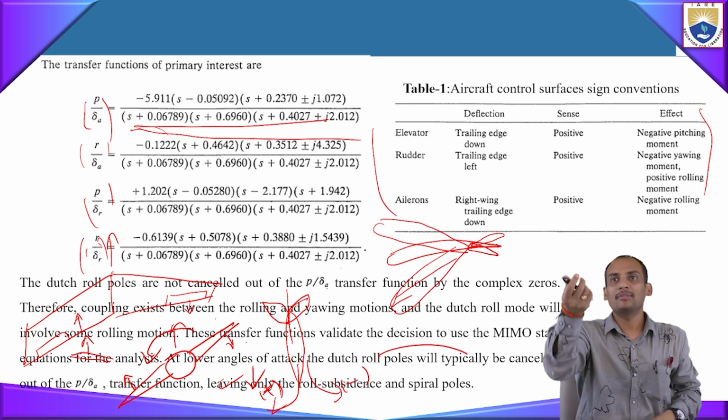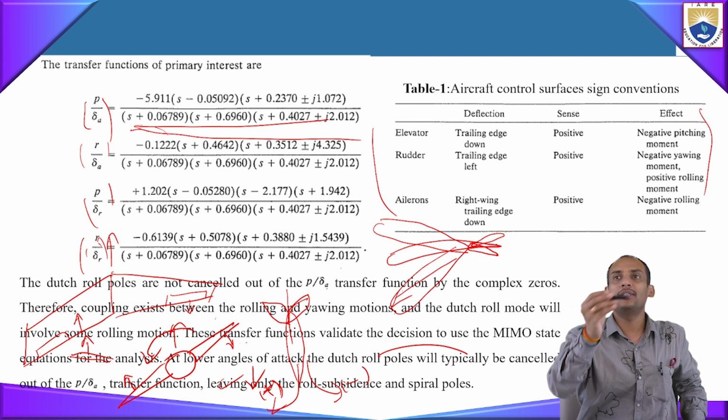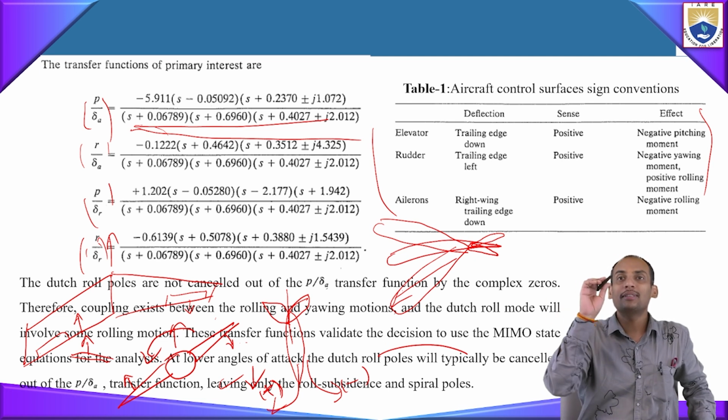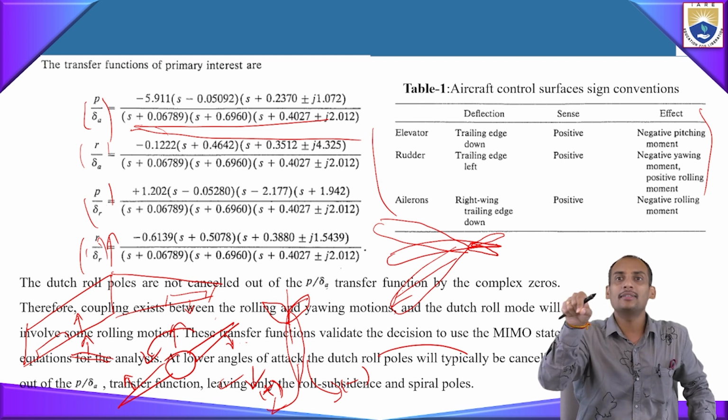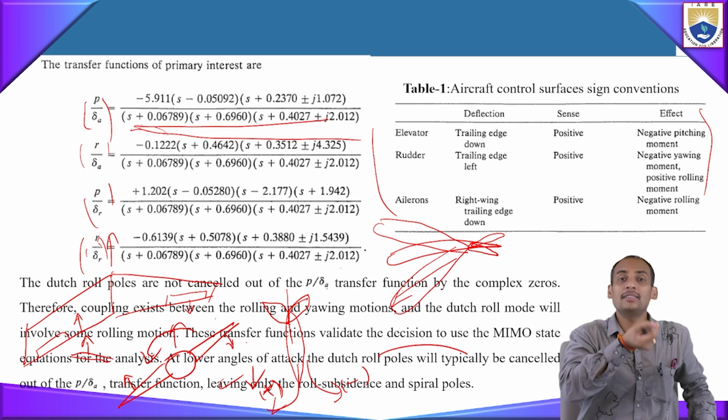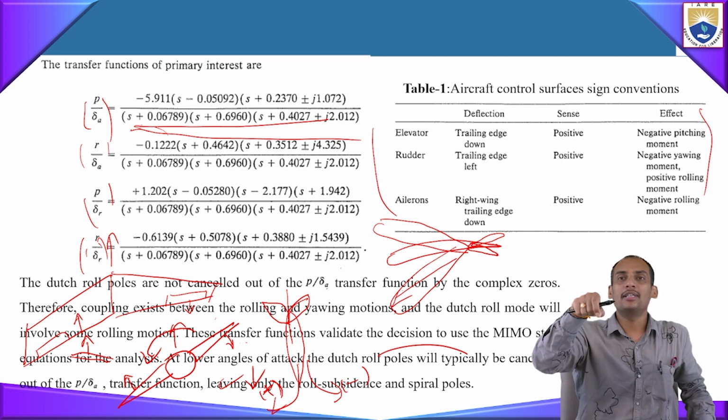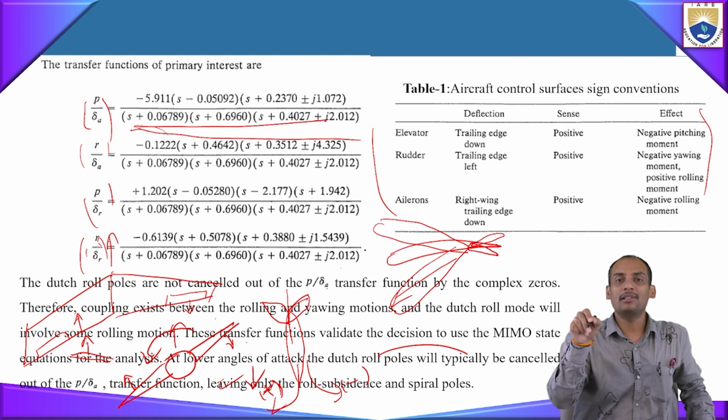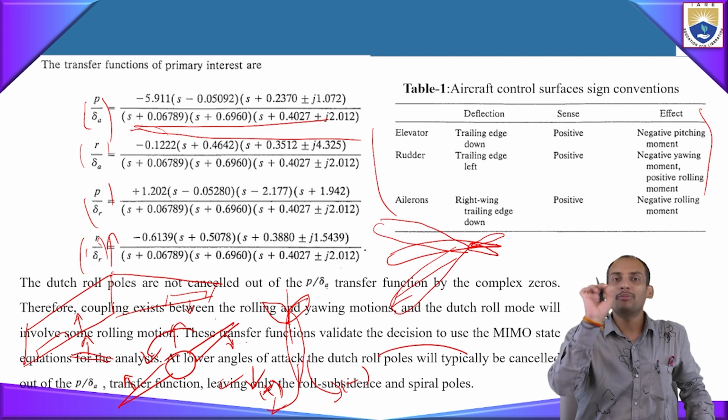Here the sign convention for positive and negative, why are we saying this? Because without it, we can't say which direction the control surface should move, or what our requirement is. So what is the negative moment and what is the positive moment? Because the pilot display is there, in the display he should know whether it is a negative or positive moment.